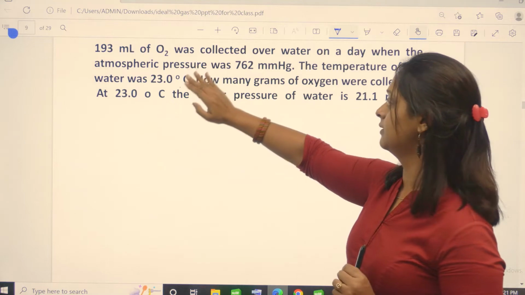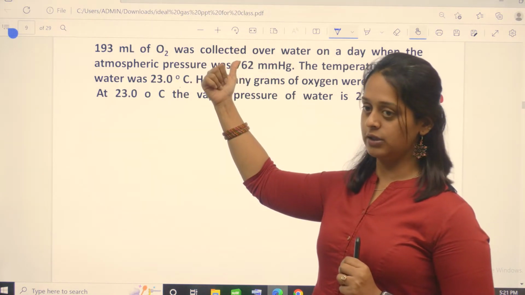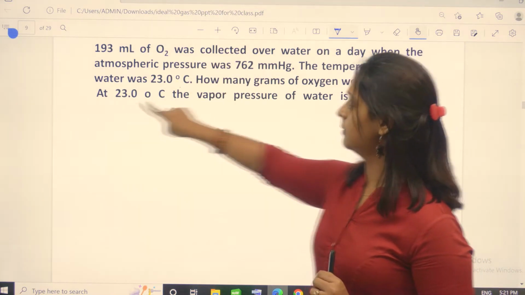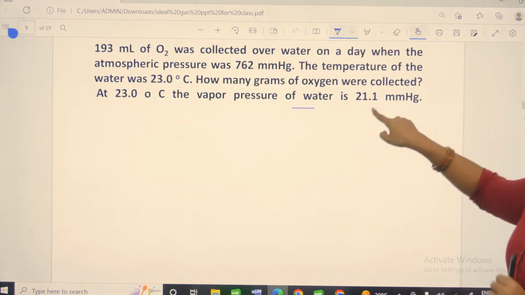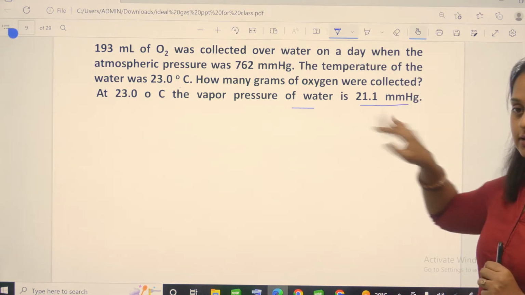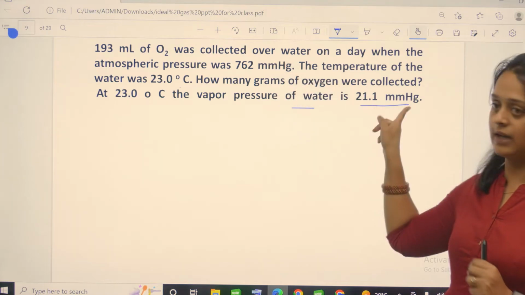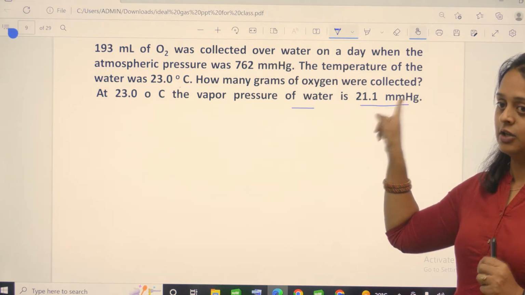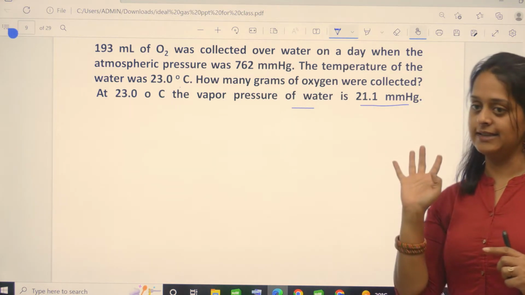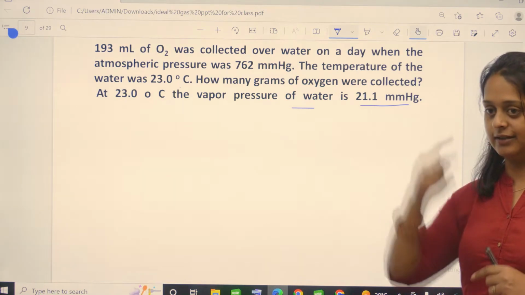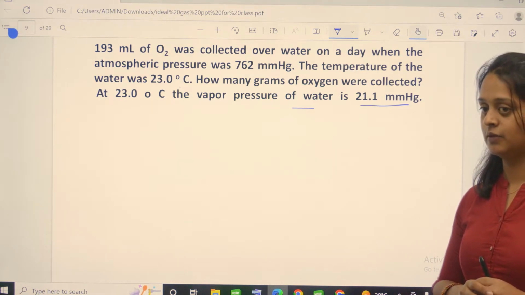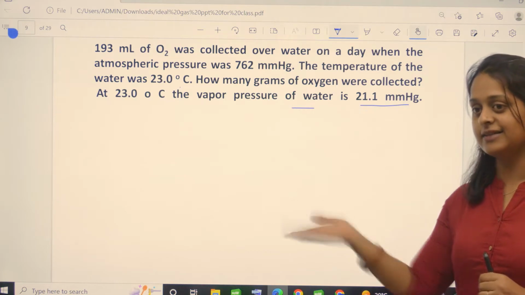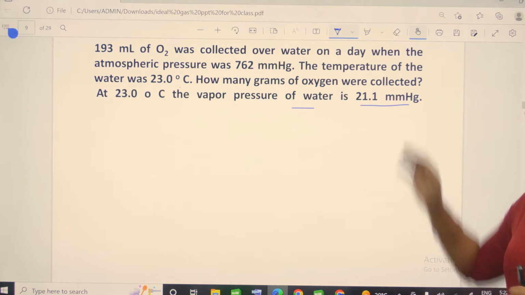Volume is given to me. Pressure is given to me, P total, in mmHg. And 1 atmosphere is equal to 760 mmHg, barometer reading, 760 torr. Okay?